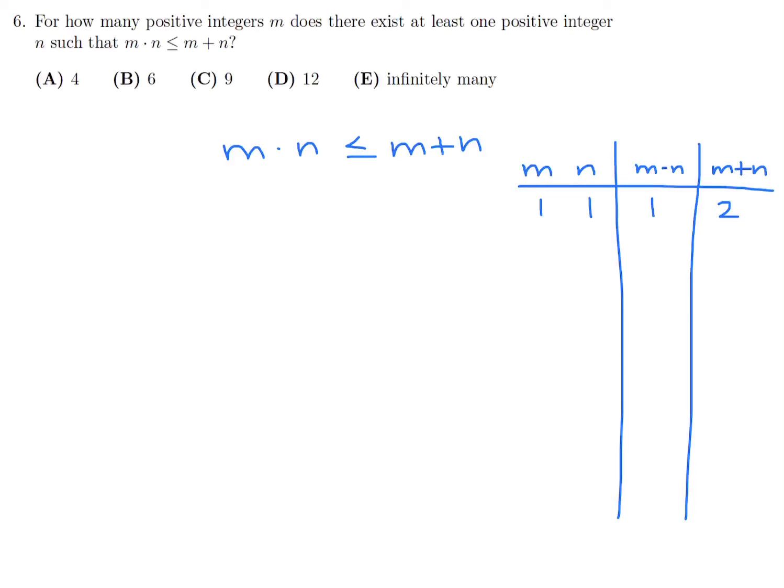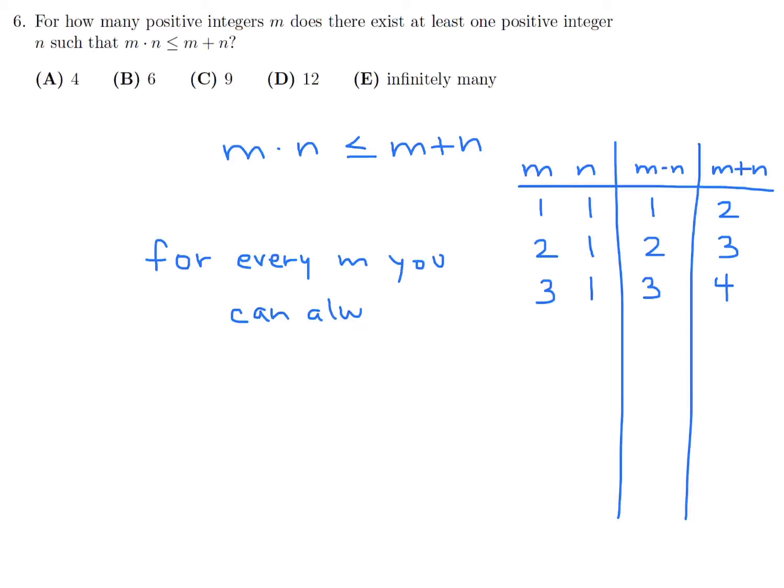Let's keep going. Let's say m is 2 and n is 1. This becomes 2, this becomes 3. If m is 3 and n is 1, this becomes 3, this becomes 4. So it looks like we're getting quite a few here. And the reason is because for every m, you can always choose n equal to 1.